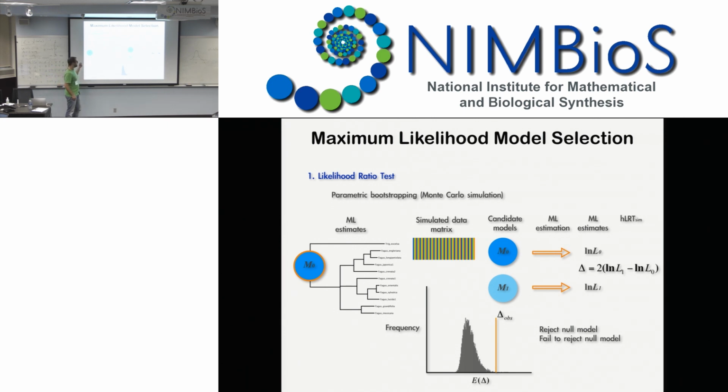So instead, we can simulate data under the models that we have, and calculate the test statistic for the simulated data. This gives us the distribution of test statistics for many simulated trees, and we compare it to the test statistic that we computed under our empirical data set. Then we see if that test statistic falls in the tails, and based on that we accept or reject our null model.